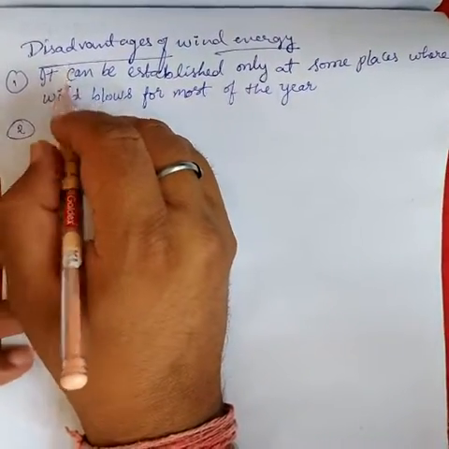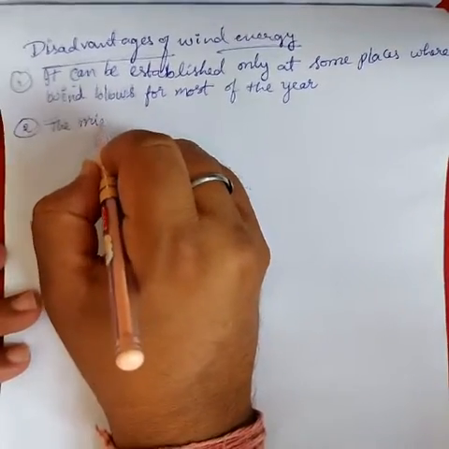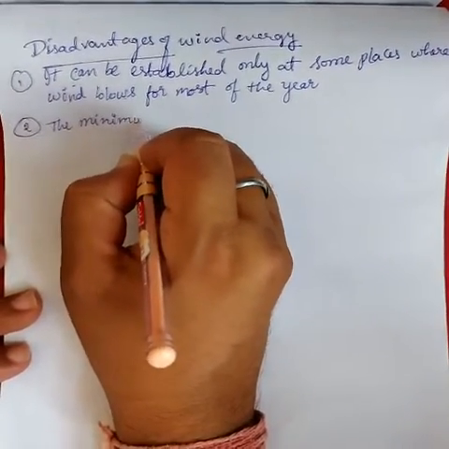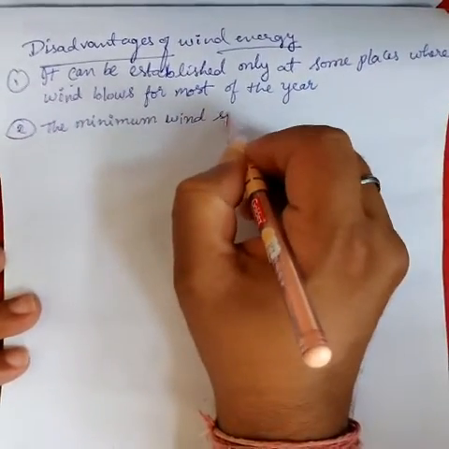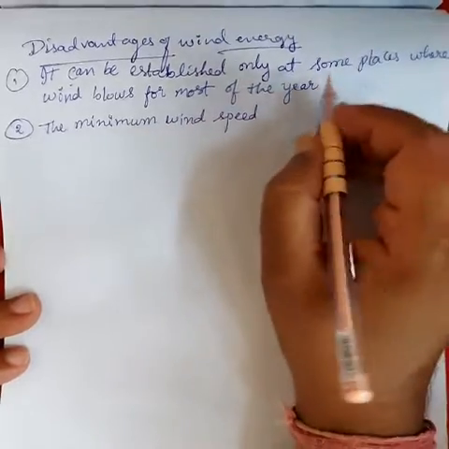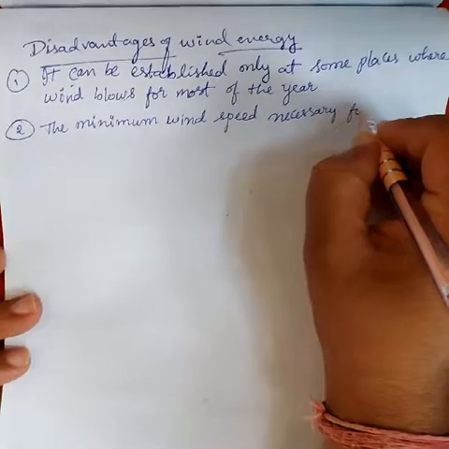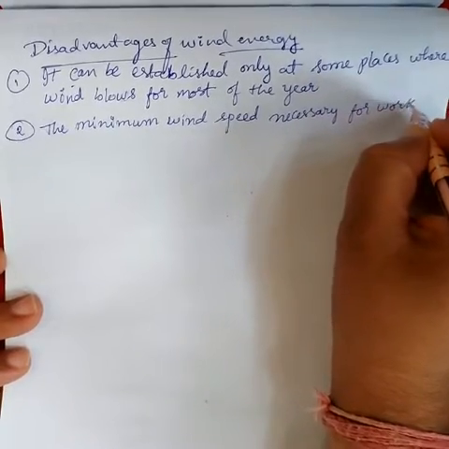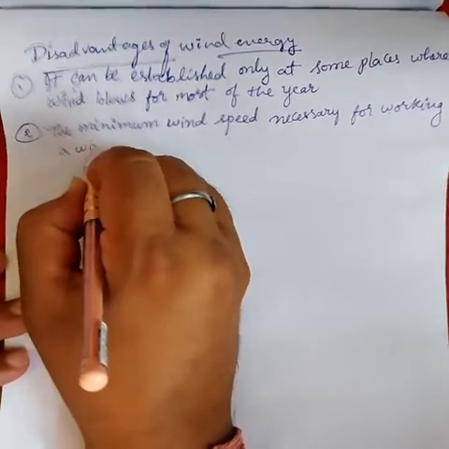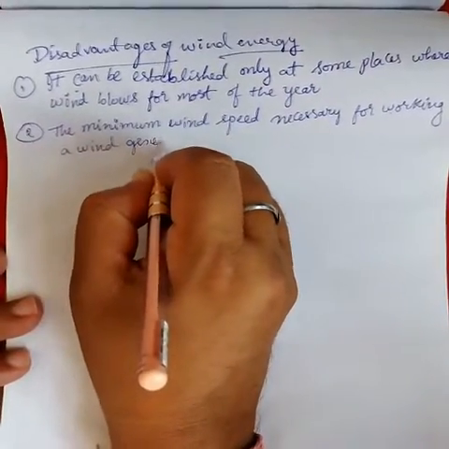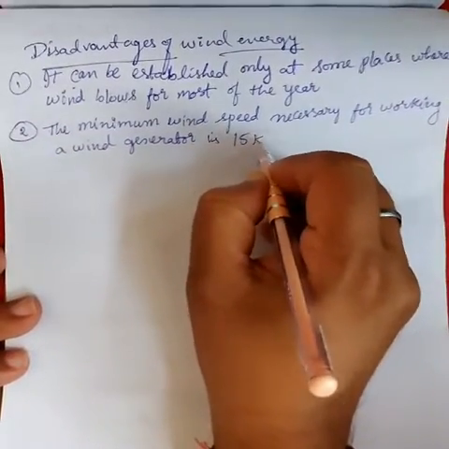Now the second is the minimum speed. The minimum wind speed necessary for working a wind generator is 15 kilometer per hour.